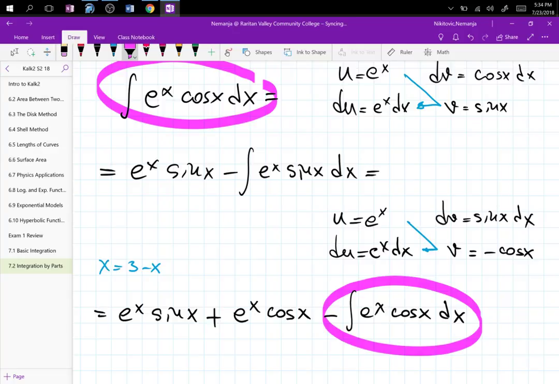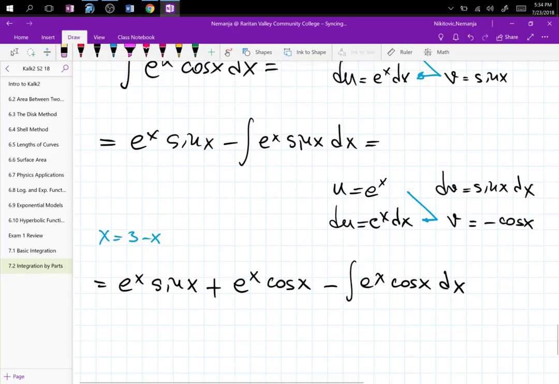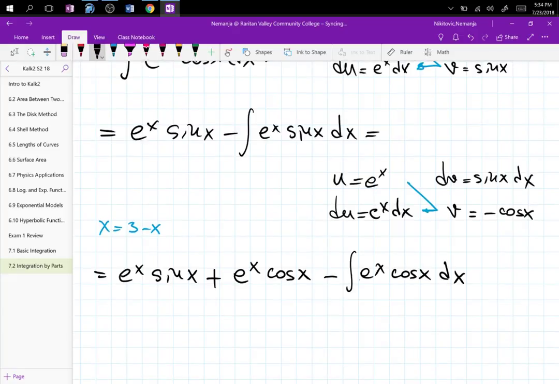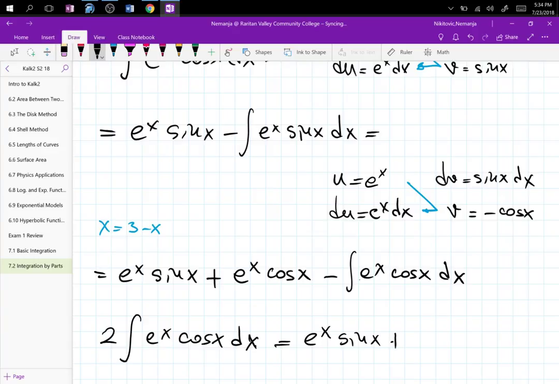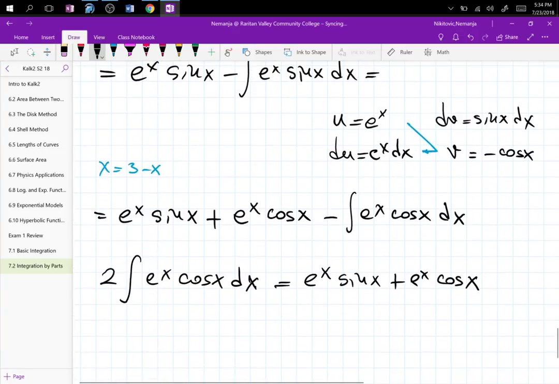Practically, I am adding that integral to both sides, which creates 2 of them. So 2 times the integral of e to the x cosine x dx is equal to e to the x sine x plus e to the x cosine x. Divide both sides by 2.